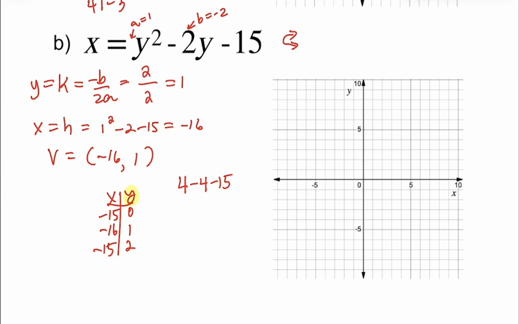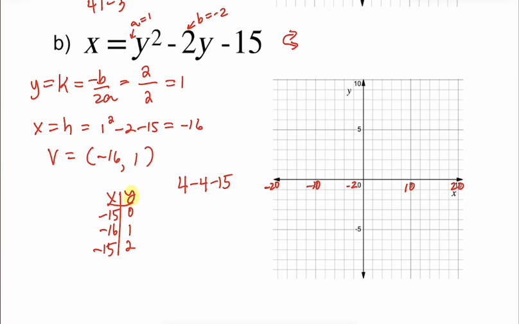Let's count by 2's. So let's make this negative 2. So this would be negative 10. And that would be positive 10 and positive 20 last I checked. So we'll make that 10. We're just going to double everything. Okay. But we can leave our y's the way they are.